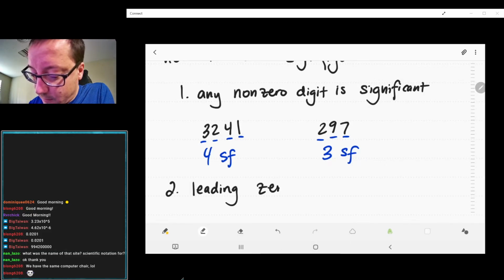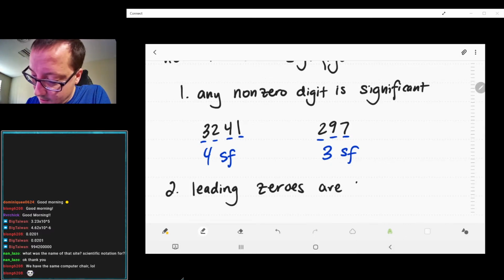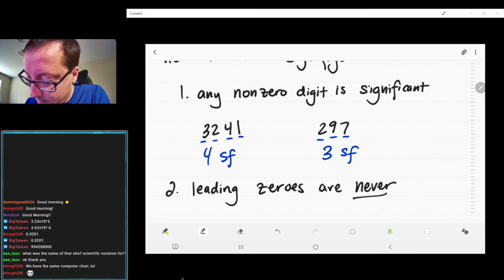The next rule tells us that leading zeros, which we'll talk about what those are, are never significant.